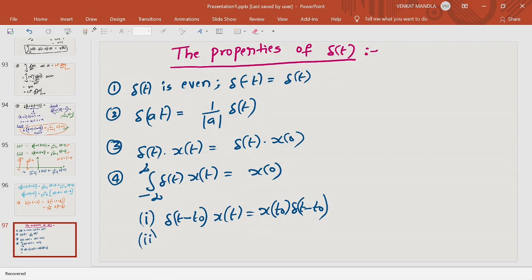Second, the integral from minus infinity to plus infinity of del of t minus t naught into x of t, I will get x of t naught. Okay.